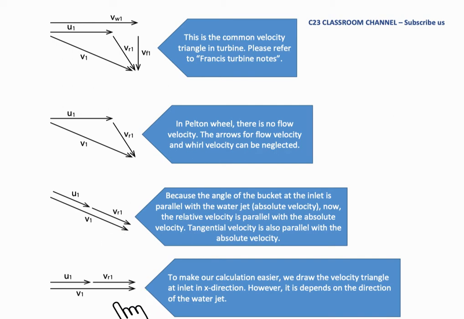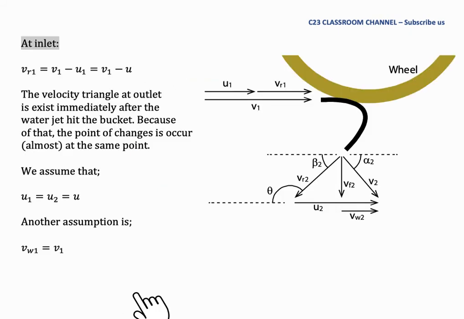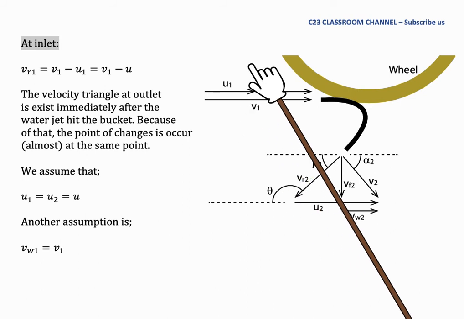Then we shift the location of V1 a little bit, because in the real situation the jet velocity V1 flows horizontally. So we relocate the arrow into this direction, and VR1 stays at this location. So this is the discussion about the velocity triangle at inlet.